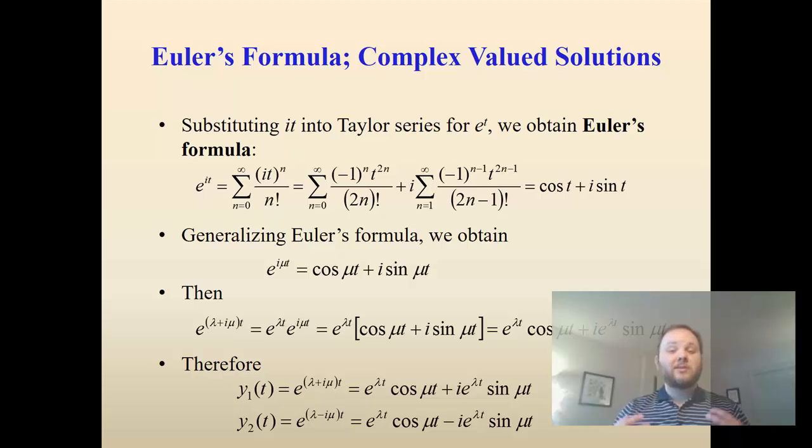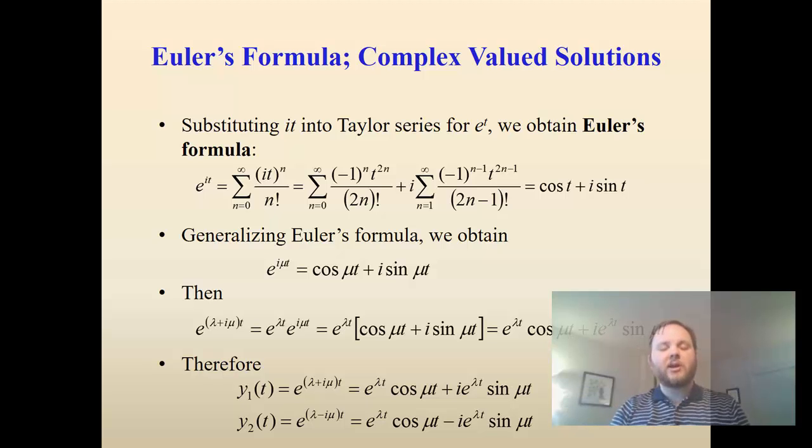It turns out that these are very predictable power series, very predictable Taylor series. Turns out that the complex exponential is related to cosine and sine. Once I plug in mu, I can find any complex exponential with Euler's formula, where e to the i mu t is cosine of mu t plus i sine of mu t.